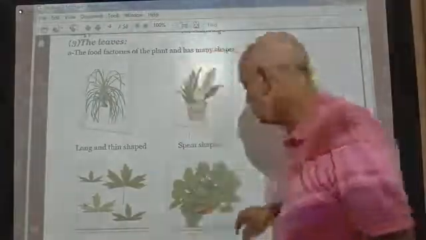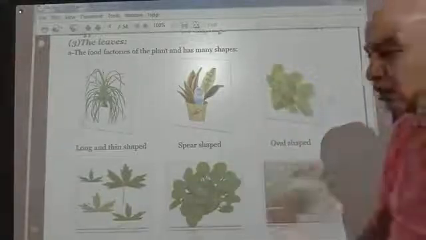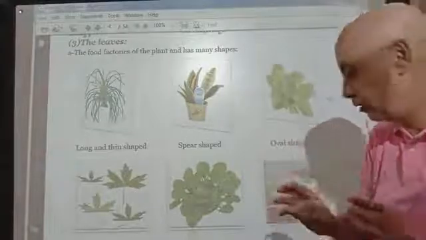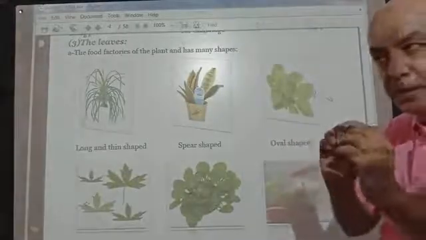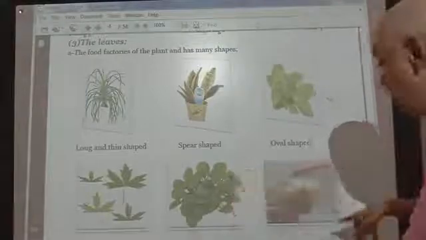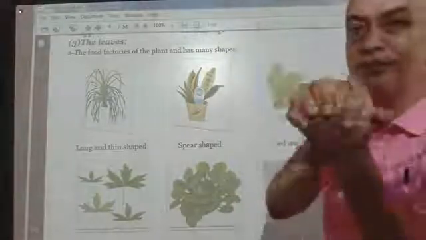Some of them take round shape, it is not equal a circle, but it looks from a long distance as a round shape. And some of them can catch insects.